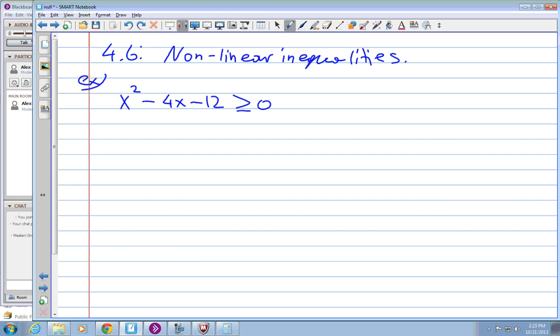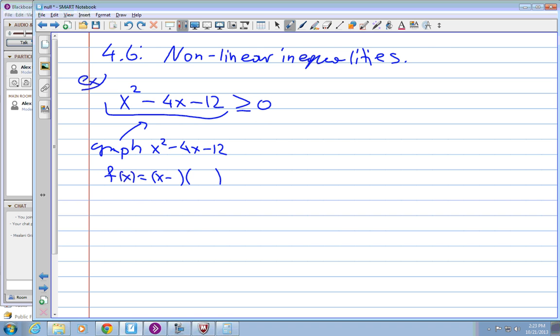So really, this whole thing comes down to graphing whatever the algebraic expression is. So if I just tell you, graph x squared minus 4x minus 12. That's a quadratic polynomial, right? The way we graph polynomial functions is usually by factoring.